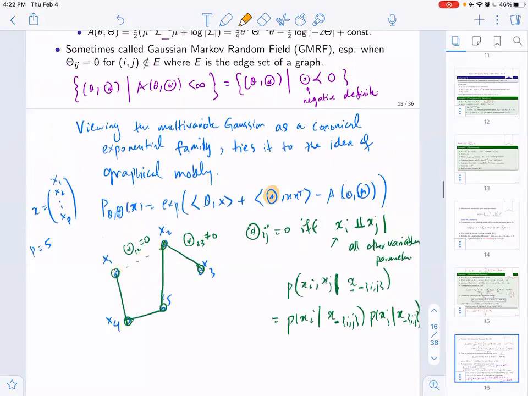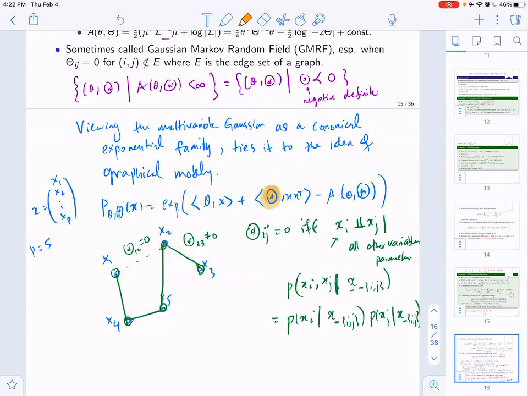And so this form of a multivariate Gaussian as an exponential family in canonical form ties it to the idea of graphical modeling, because this canonical parameter has a natural association with how you form a graph when you try to model this as a graphical model.